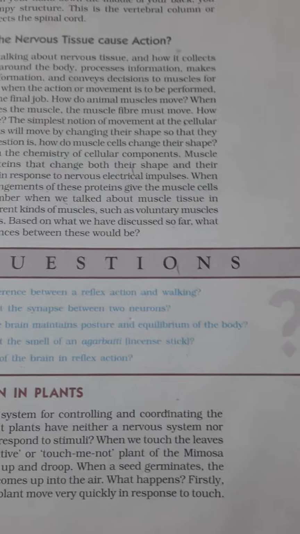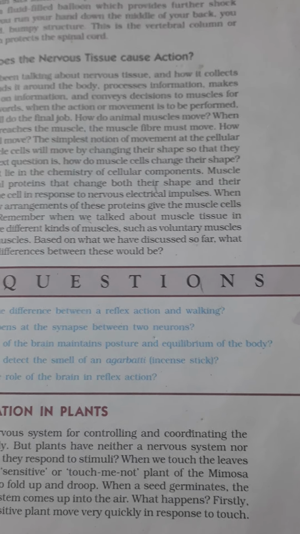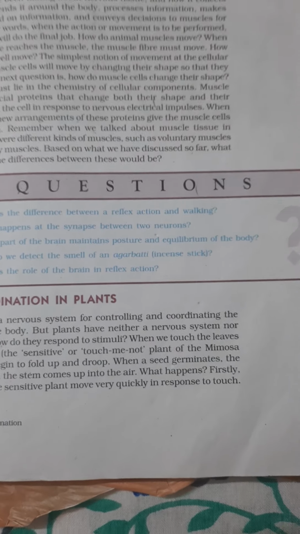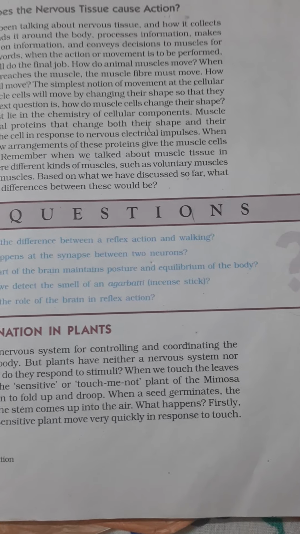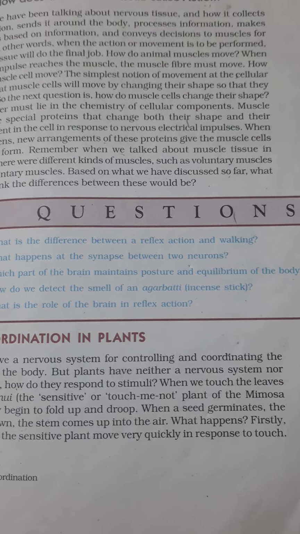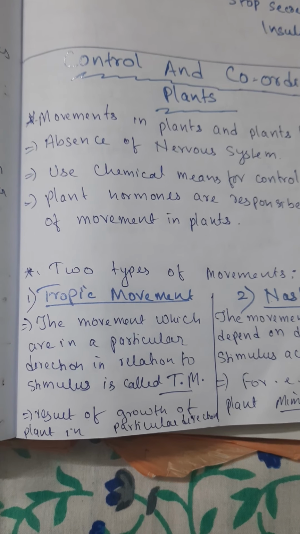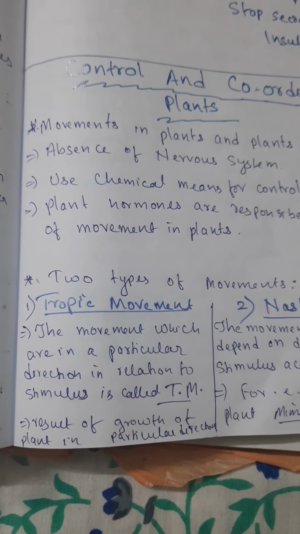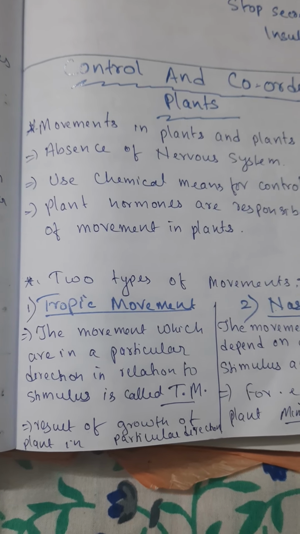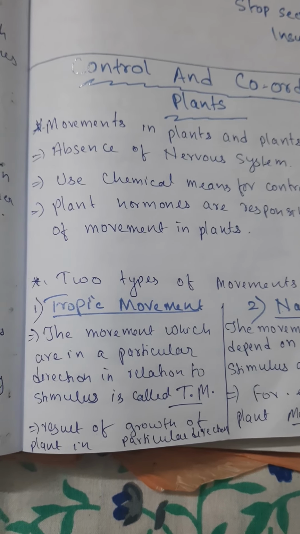You know, there are two types of movements in plants, and they are tropic movement and nastic movements. Now, what are tropic movements? The movement which is in a particular direction in relation to stimulus is called tropic movement.